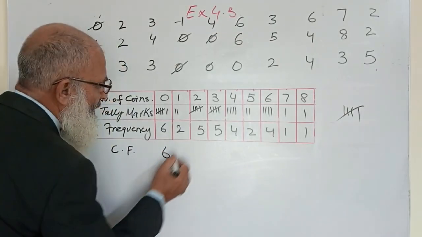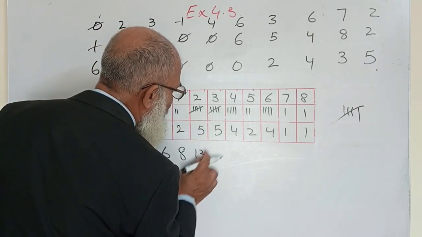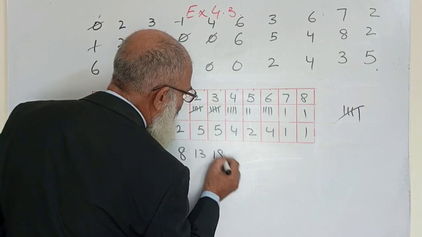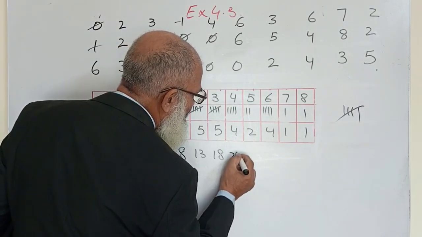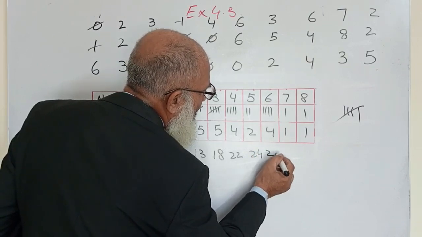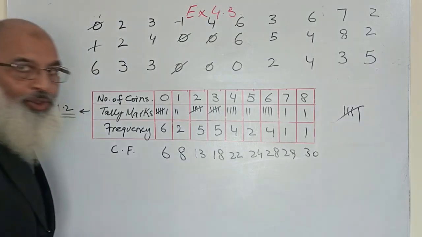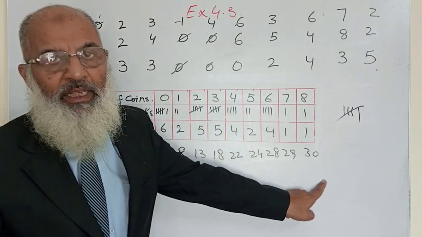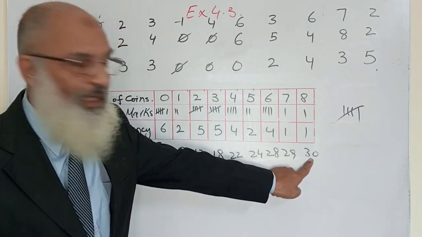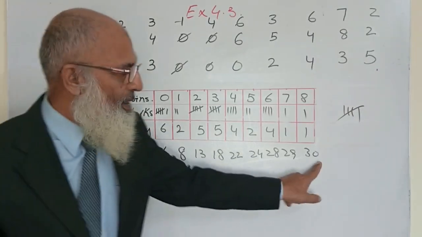The first is 6, second is 8, 8 plus 5 is 13, 13 plus 5 is 18, 18 plus 4 is 22, 24, 28, 29 and 30. And as I told you, there are 30 observations. You see that the answer of cumulative frequency is 30.